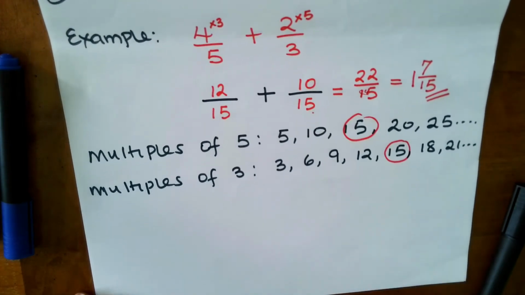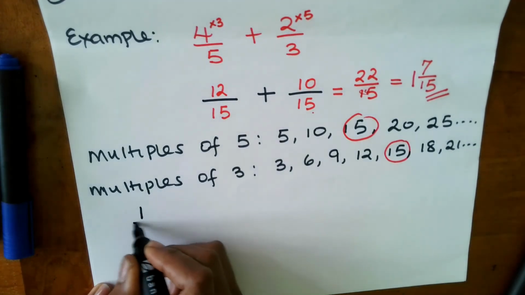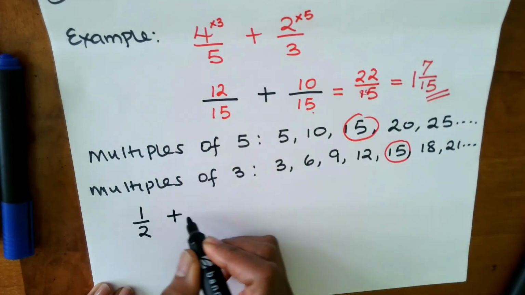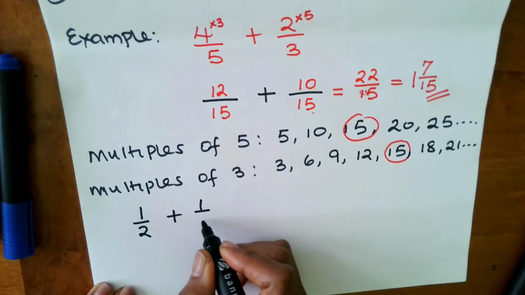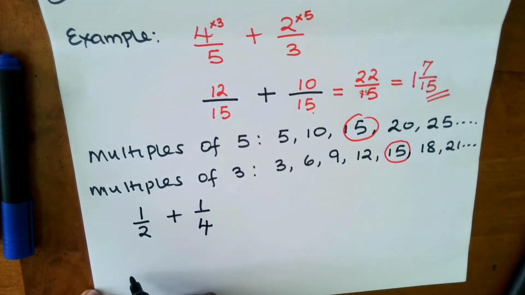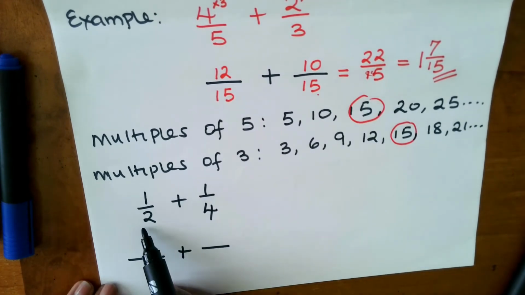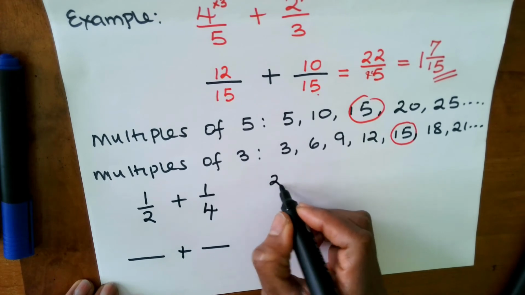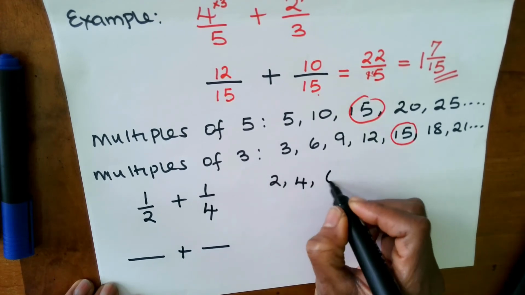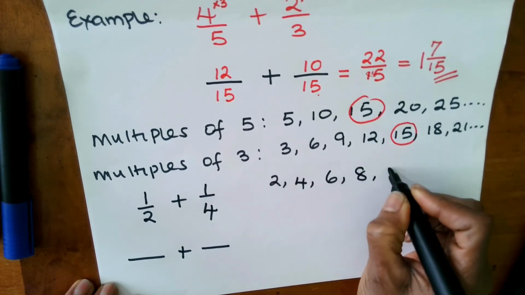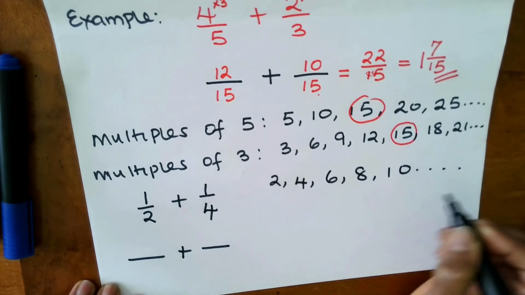So let's do another example. A half plus a quarter. So I find the multiples of 2: 2, 4, 6, 8, 10, and so on.